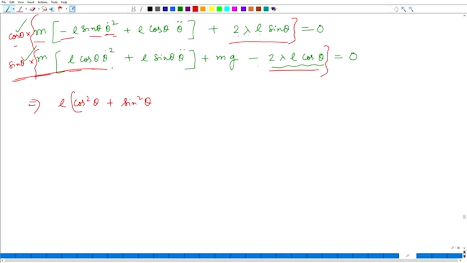So, here you see, this term gives L cos theta times cos theta. So, cos square theta theta double dot, and here you will have L sin square theta theta double dot plus mg sin theta is equal to 0. Sorry, there is an m which is missing.